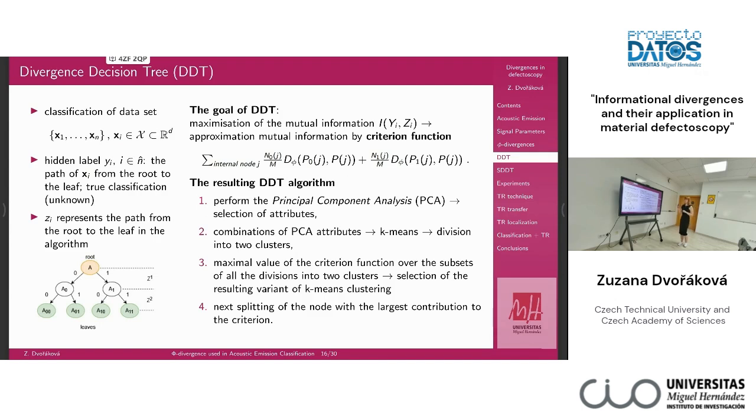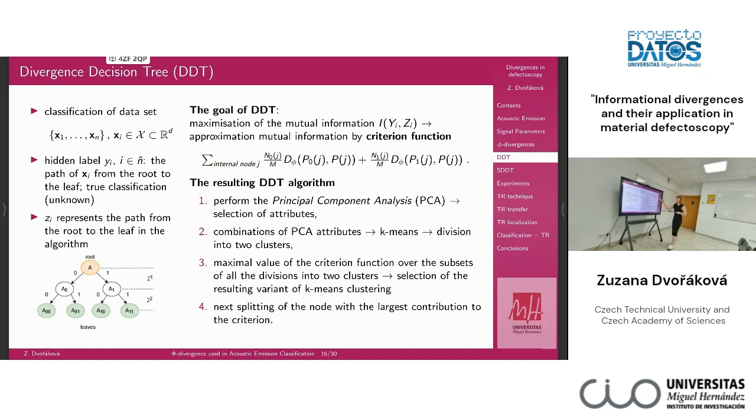On this slide, I will present the so-called unsupervised method. That means that we don't have any training data set at the beginning. We have some set of signal parameters, and there are some so-called hidden labels. We don't know the true classification. And zeta C represents the path from the root of the tree to the leaf of the tree in the algorithm.